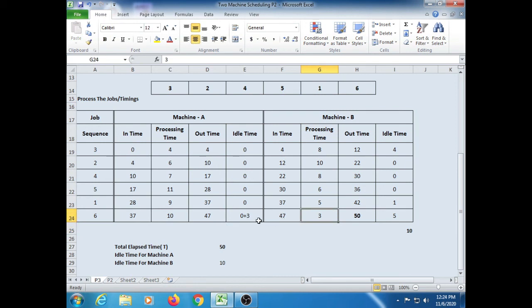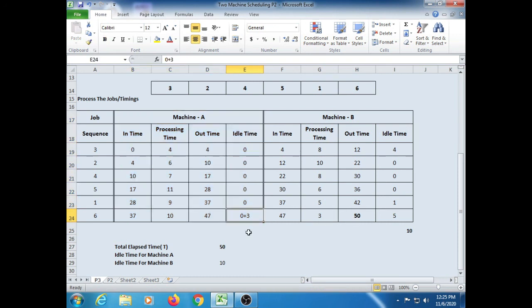After 50 hours, at 50 hours we can complete all the jobs. We have processed all the jobs at 50 hours, so there are no jobs to perform. So these 3 hours we also have to take as idle time, because this machine has to wait until all the jobs are completely performed.